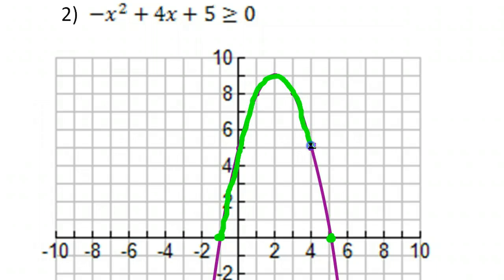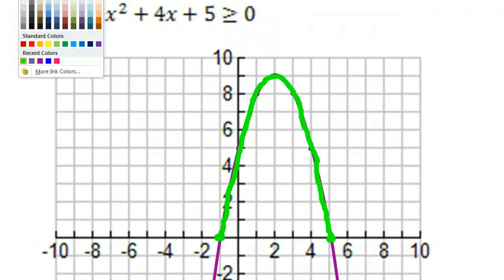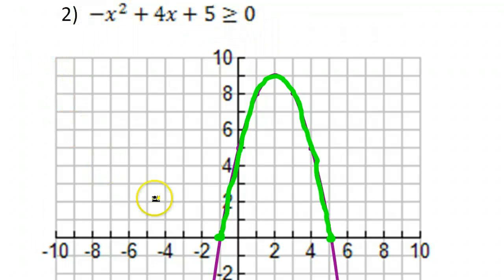Okay, so these are the solutions, but we only have x values here. There's no y here. So I need to translate this into x values only for a number line graph. So the x values are again between the two x-intercepts.